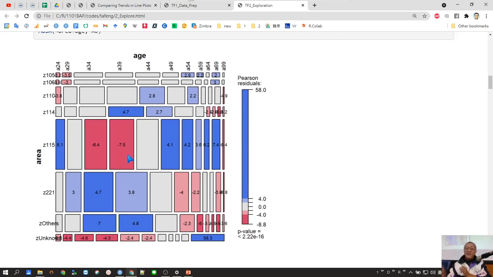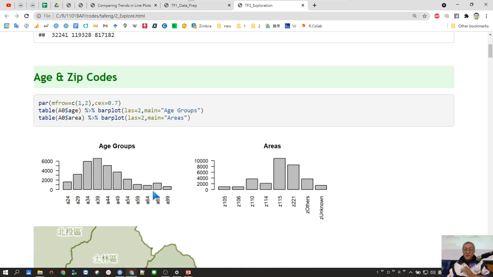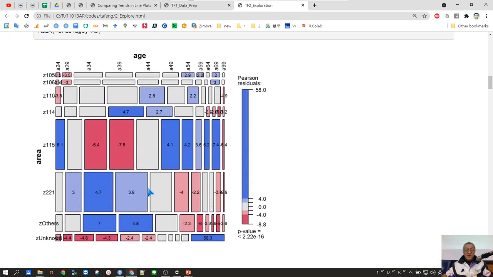The red color means that, compared to the common age group distribution, in this area the fraction of age group 34 to 39 in area Z115 is significantly, the color means significant, right?